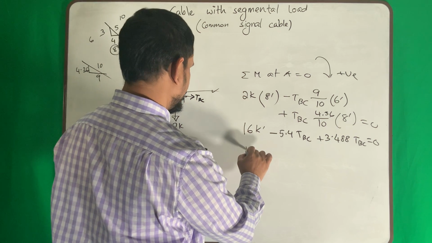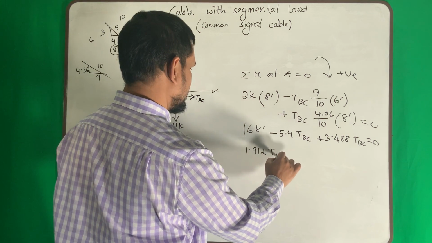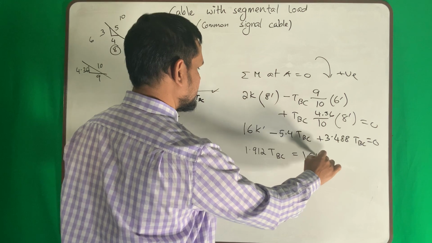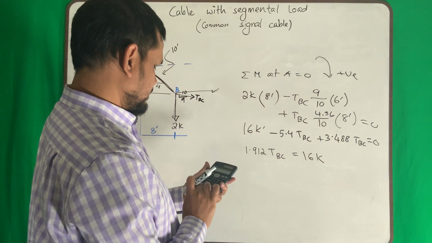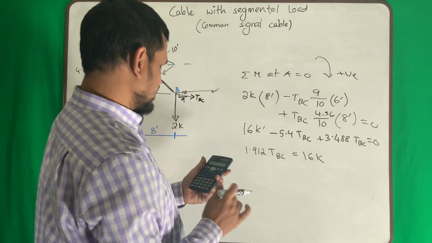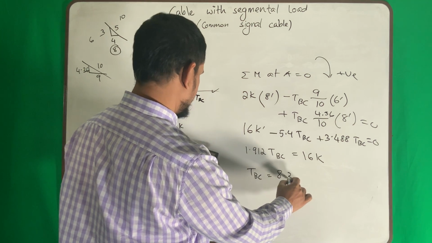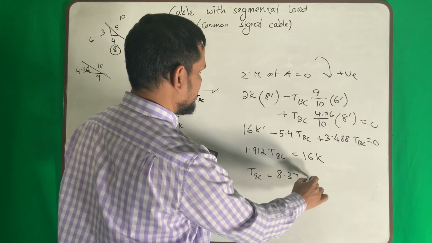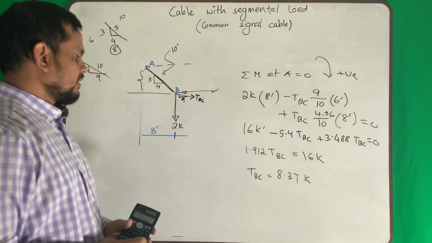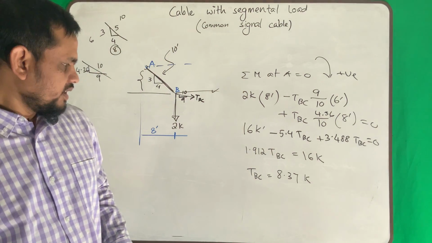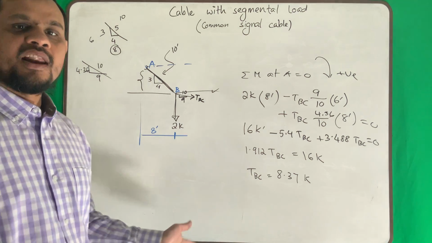Then if I solve it, 1.912 TBC equals 16. So 16 divided by the answer, I got TBC is 8.368. So 8.36. Okay, so we got T equal 8.36 using another method. This time I took a section.